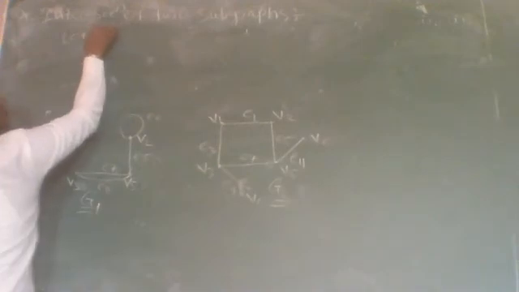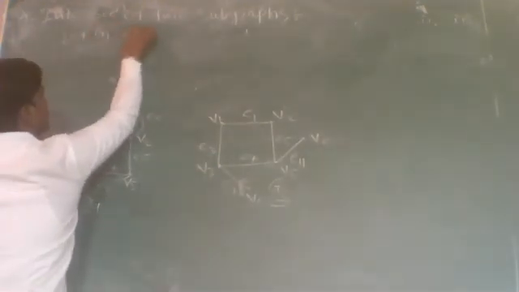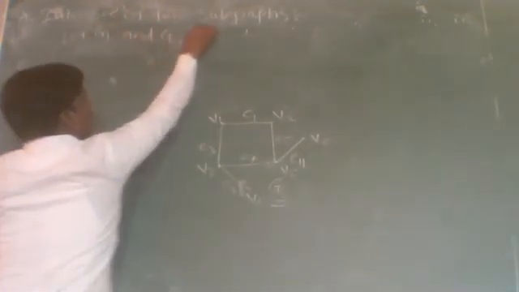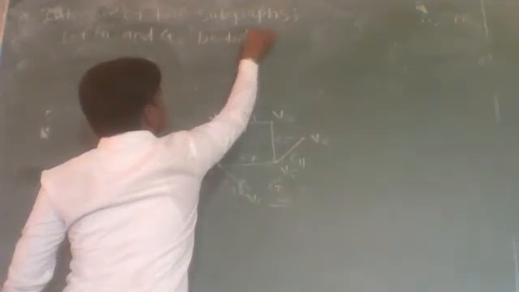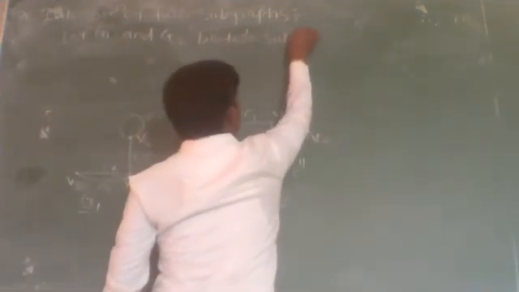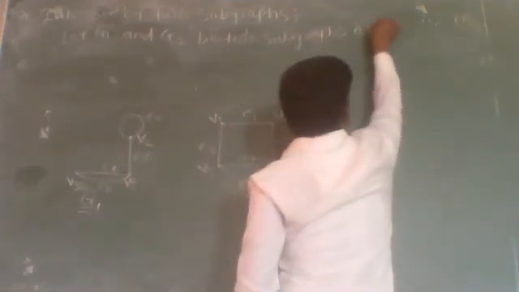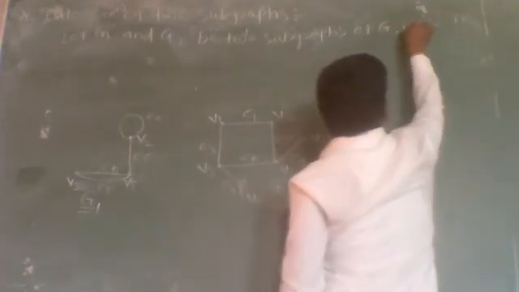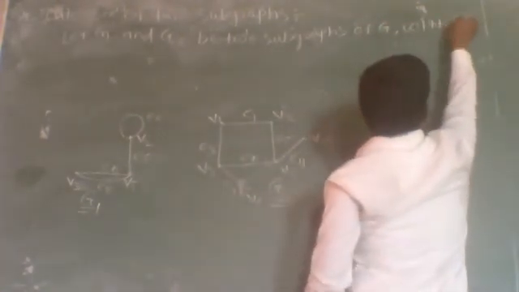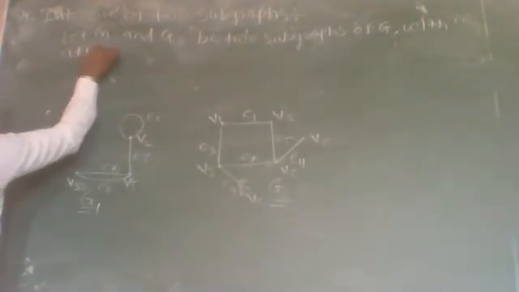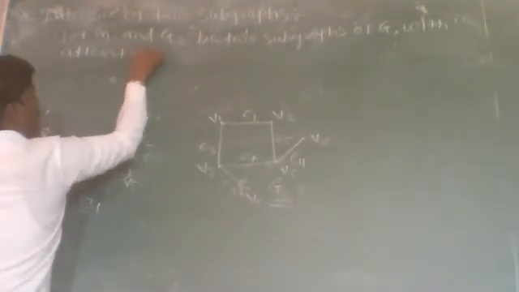Let G1 and G2 be two subgraphs of a graph G with at least one vertex in common.